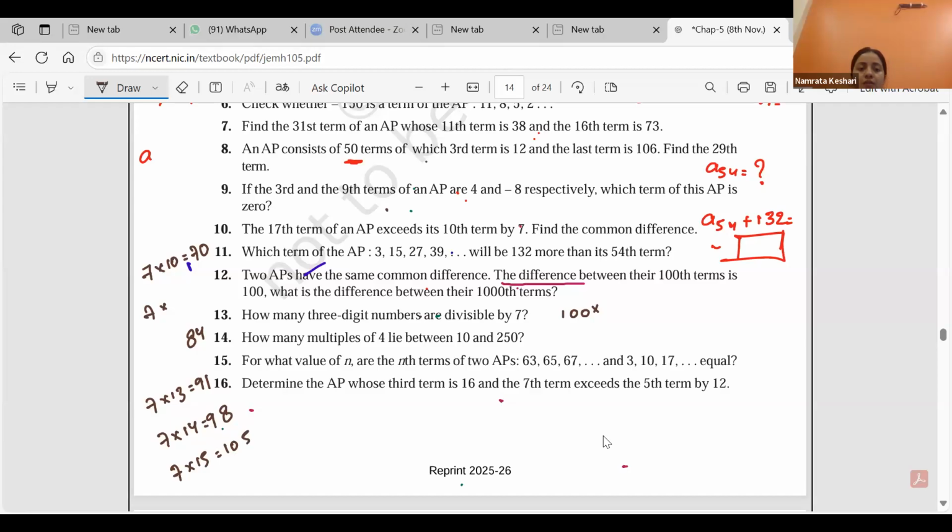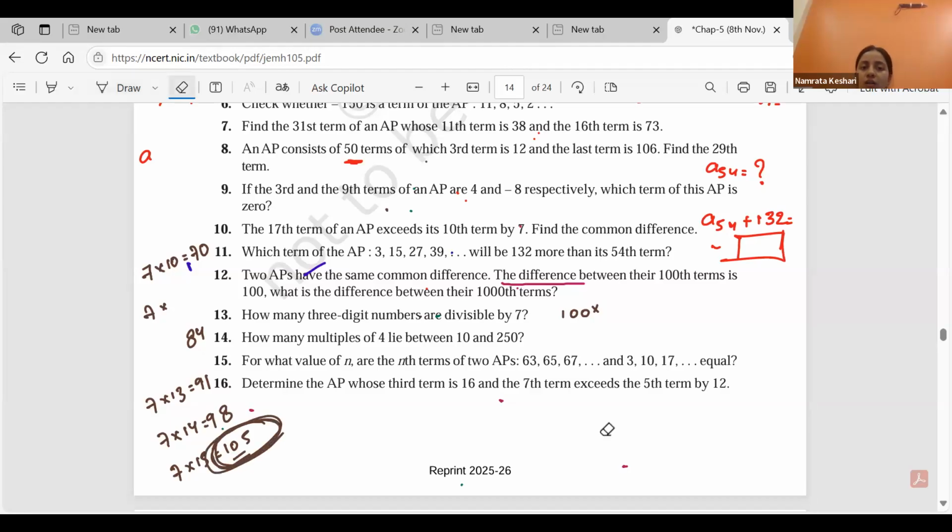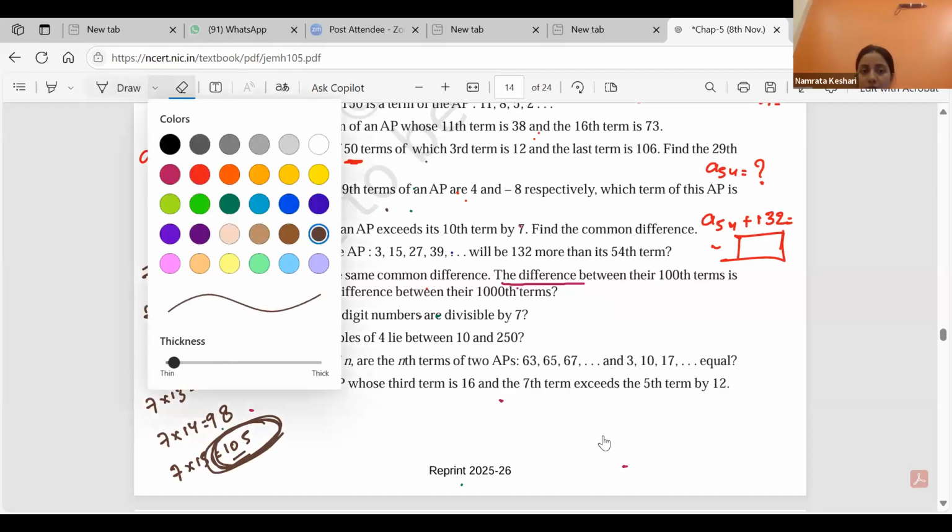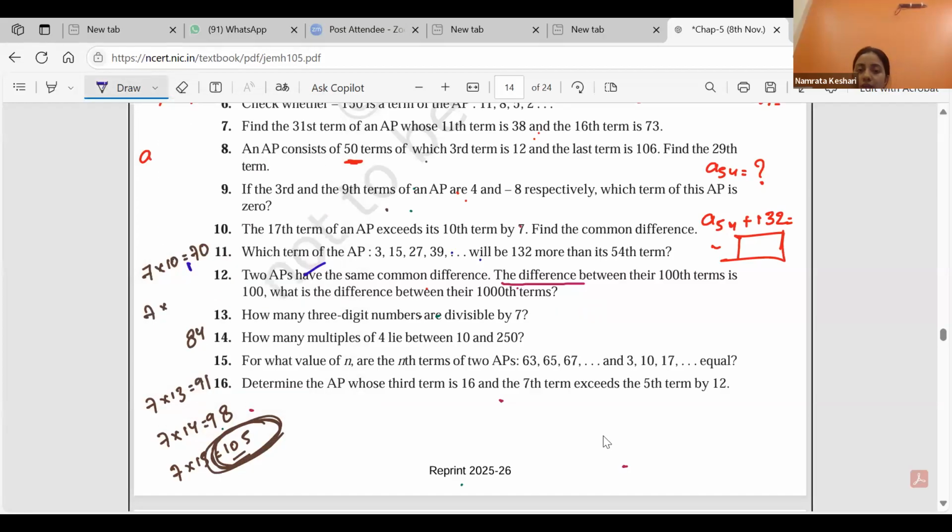Yeah, this is the first 3-digit number. Can you see which is divisible by 7? 105. Either you can refer to the table, or there is another way also. I am showing you what is that way. 105 is the first 3-digit number which is completely divisible by 7.